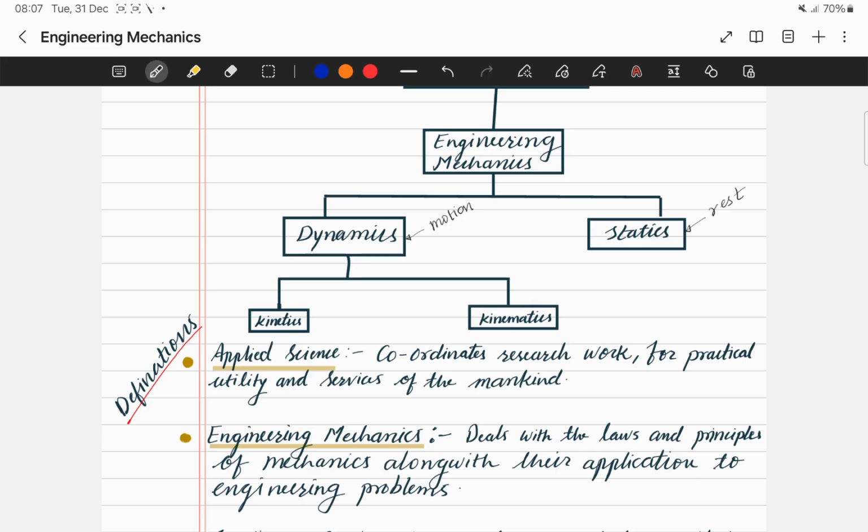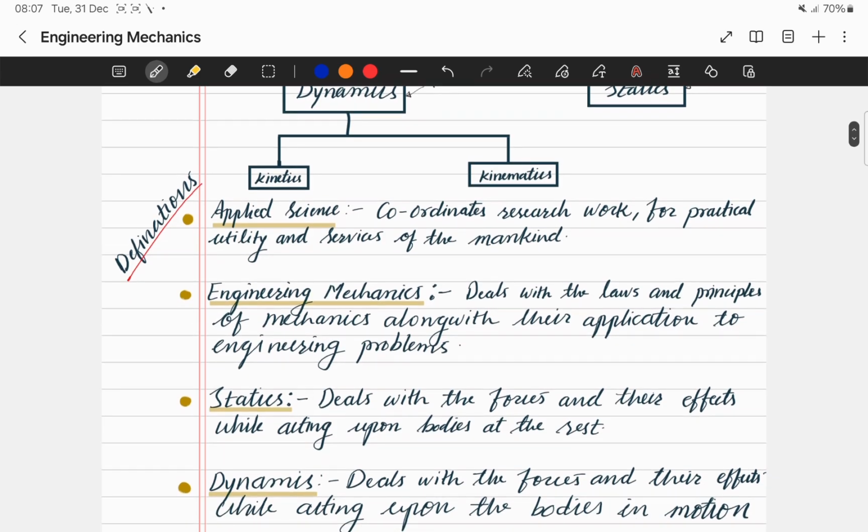In case of dynamics, it is again divided into two parts, that is kinetics and kinematics. When we consider kinetics, the body is in motion as we have already said, and the forces acting on it are also considered.